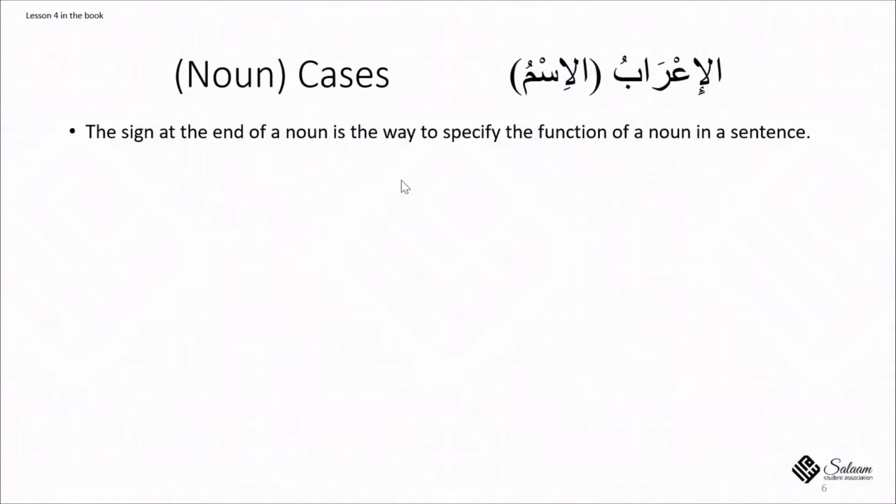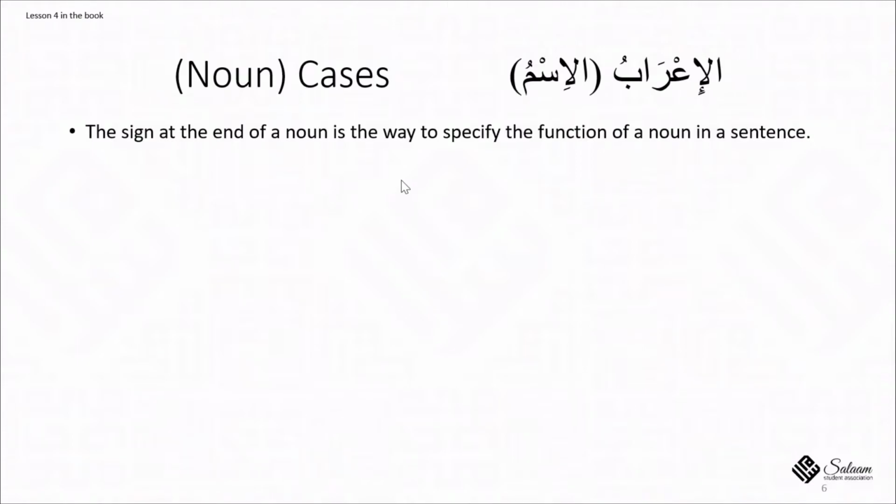So in the Arabic language, when you put a sentence in a certain tense or a certain time, to say where is the subject and where is the object and where are the different parts of the sentence, you have to look at the final sign on the words.